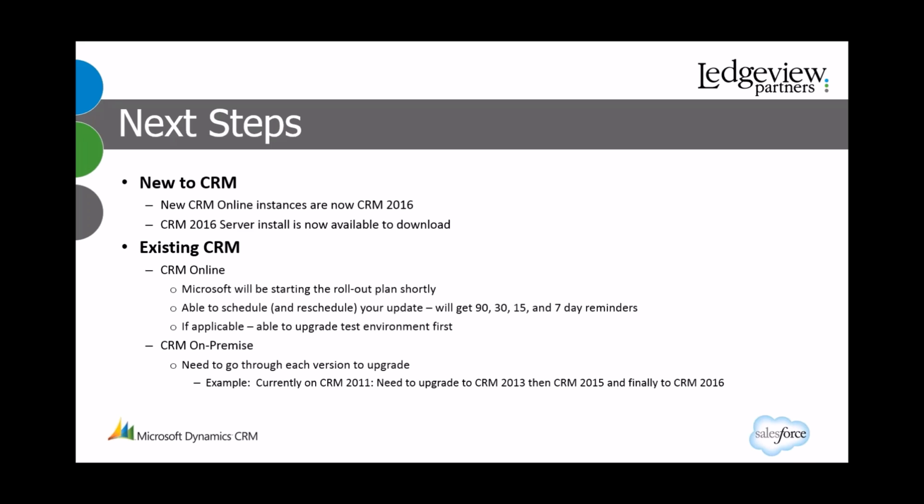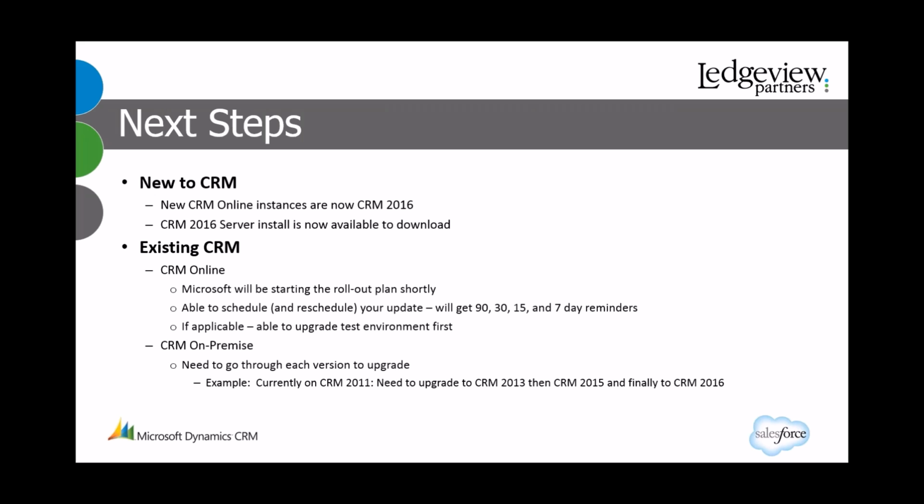Also, the 2016 server install is now available to download, and if you have the environment, you can install CRM 2016 in your environment. Again, you can talk to us on how to do that, but that is available to you.